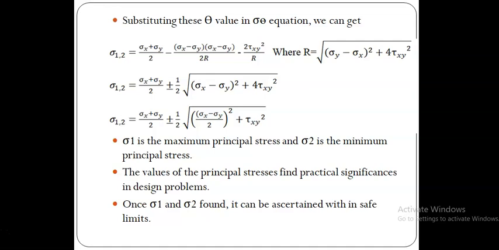If we apply a particular stress, that applied stress may be lesser than the permissible stress, but there is some plane which has a combination of all these stresses: applied stress sigma x and sigma y, then tau xy.